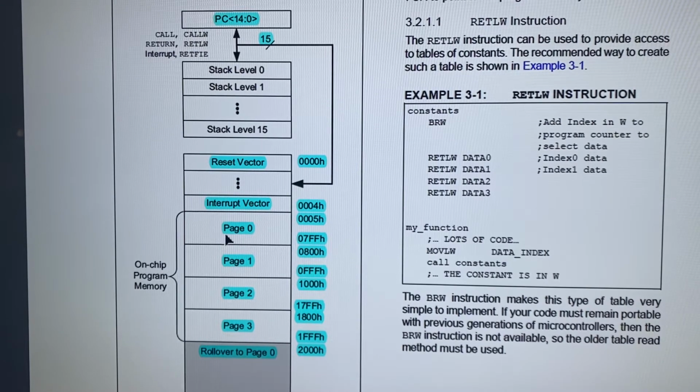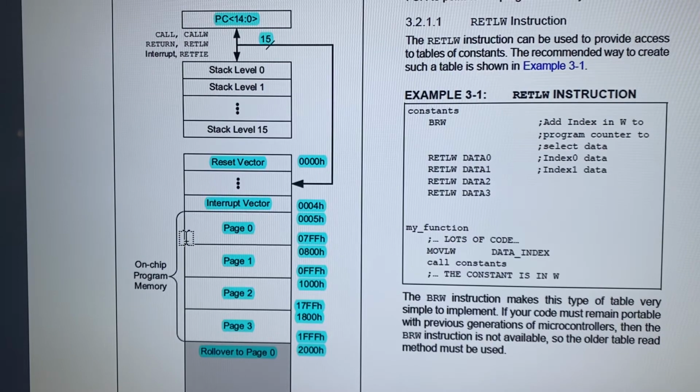It has a linear memory made of 4 pages, and in this memory you don't need to change from page 0 to page 1 and so on, because it is a linear memory. In previous micros, there were 2 bits called RP0 and RP1, which were required to change the page number.